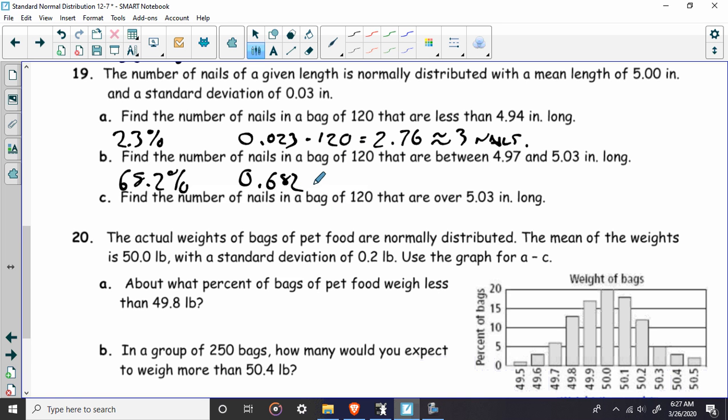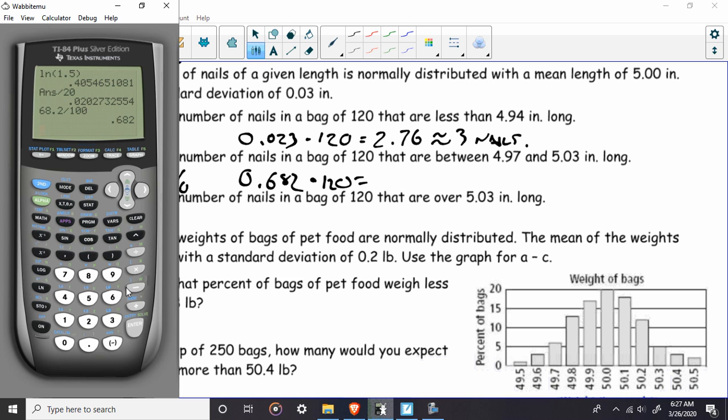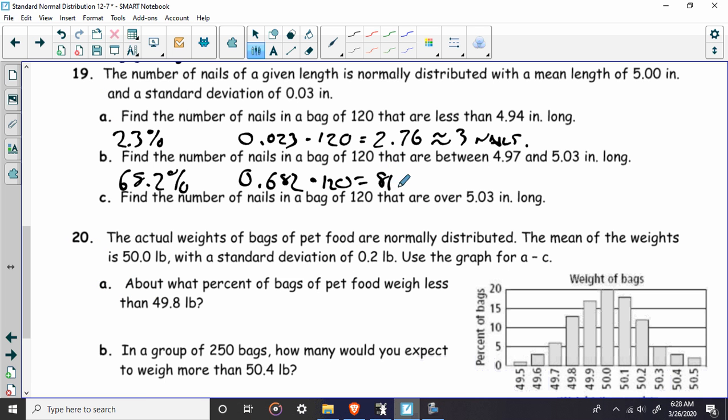And again, if we want to find how much of 120 nails that is, it's 0.682 times 120. So all you need to do is take that number and multiply it times 120. And so 81.84, or about 82 of the nails.